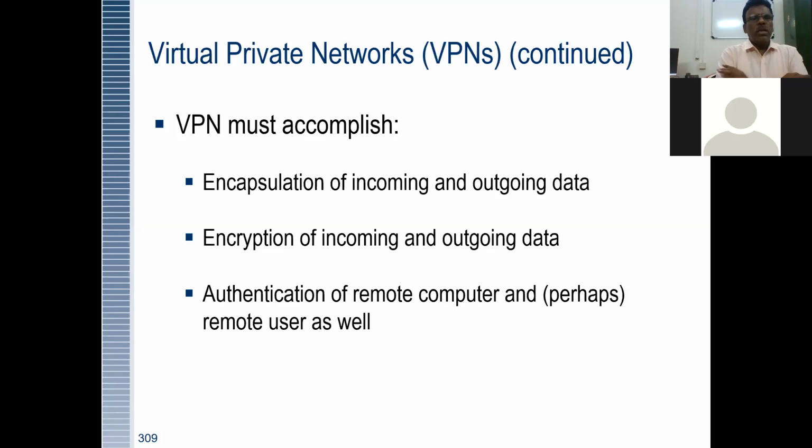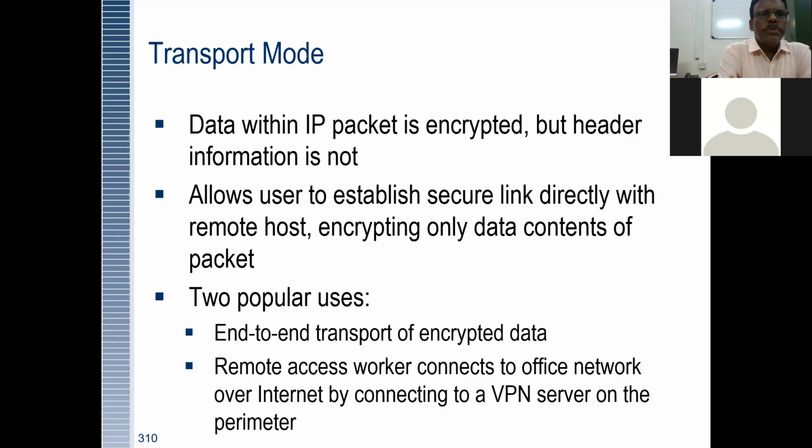And the mode of data transmission. See, we mentioned very clearly the encapsulation process, so the encryption process. The encapsulation basically identifies the error freeness, especially in the case of the transport layer, where data within the IP packet is encrypted, but header information is not. See the standard format of that.